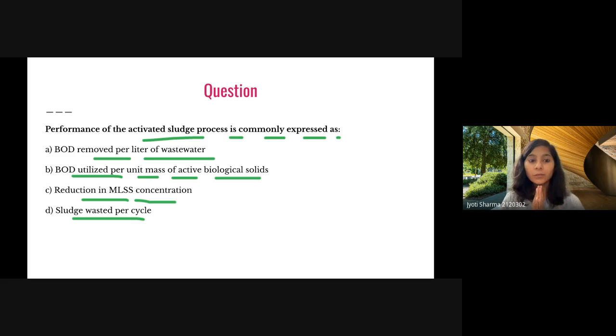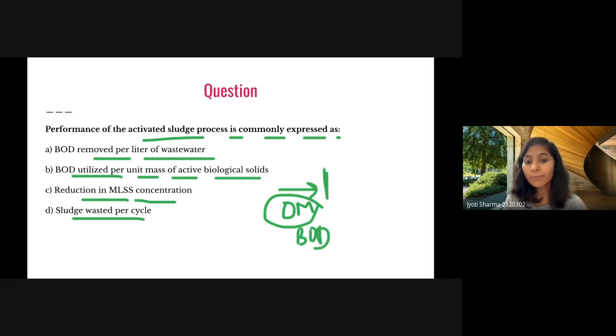Okay, so yes, B is the right option. As I told you, we have polluted water. That polluted water has organic matter, and how much of this organic matter is being removed will be shown by BOD. But because we do have microorganisms, the first thing is we have to take into consideration this BOD removal, so how much BOD we are removing. The second is how much microorganism we are using.